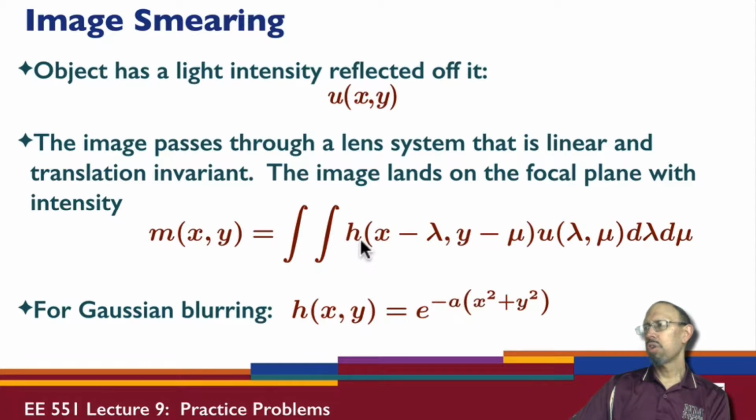So you have some blurring function. We have our input image, and the output is actually this convolution. And if h is given by this function, then we have what's called Gaussian blurring that occurs. So this is a 2-dimensional system. The input is 2-dimensional, and the output is 2-dimensional. The system is this lens system.